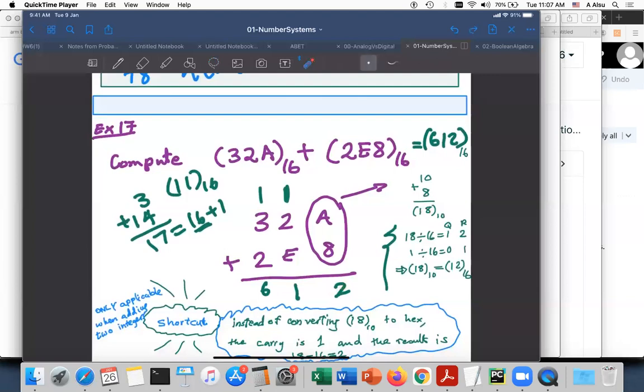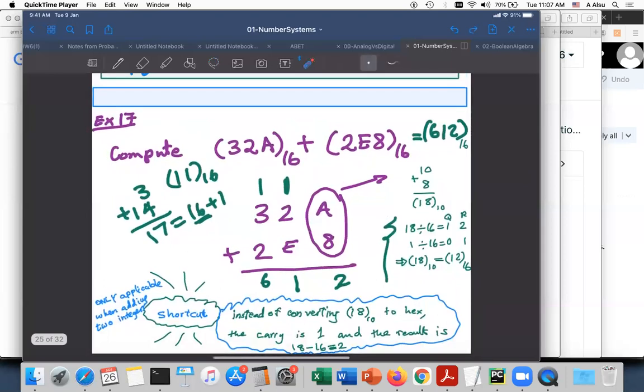So 18 minus 16 is 2, and there is a carry of 1, okay? So if the answer is greater than or equal to 16, then you can do this shortcut, especially if you're adding only 2 hexadecimal numbers. If you're adding 3, then this trick will not work. You have to do the conversion, okay? So this is only applicable when adding 2 integers, not more than 2.